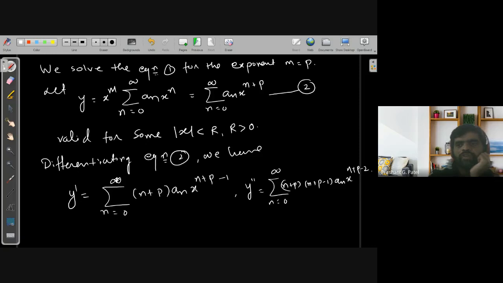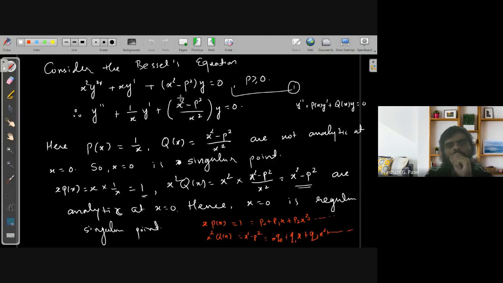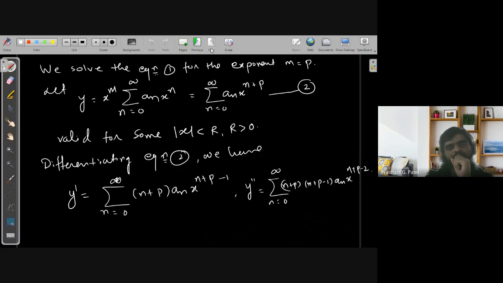So these are the values we have, and we substitute these values of y dash, y double dash, and y into equation 1, and then we are able to write down the recurrence relation of a_n.